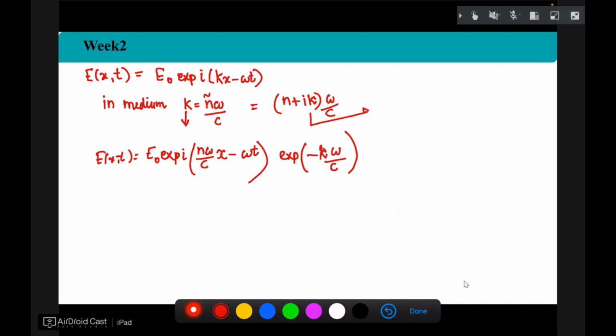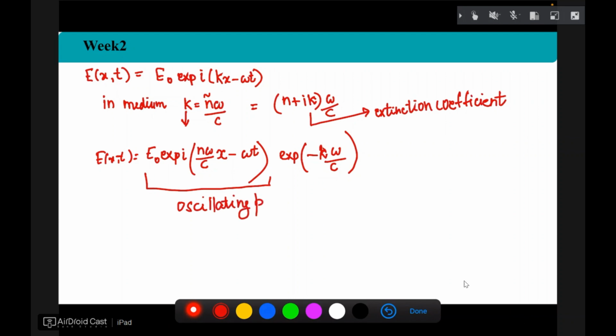So this is the extinction coefficient. Here we can see that this is the oscillating part and this represents the decaying part.